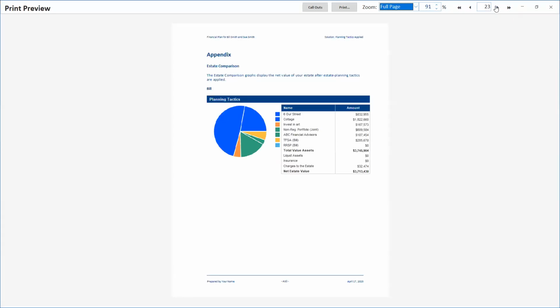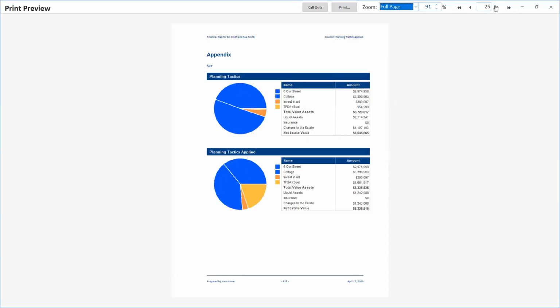And then finally, the estate comparison, where we can look at pie graphs that compare the two estates. So again, you can see the 7.6 and the 8.3 for Sue being focused on the second to die.